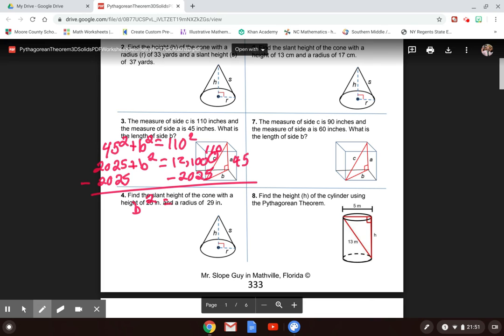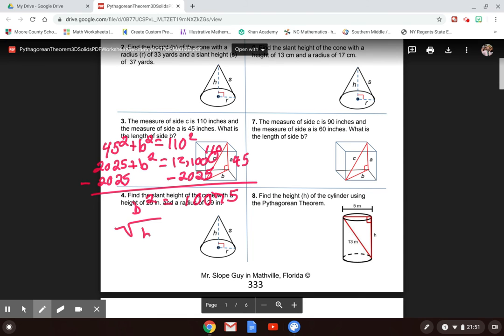So 12,100 minus 2,025 is going to equal 10,075.